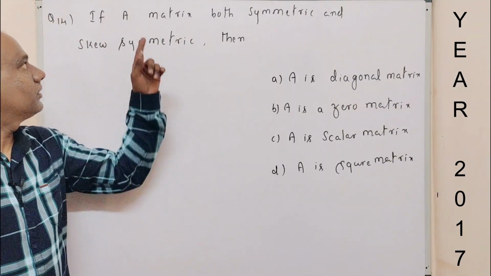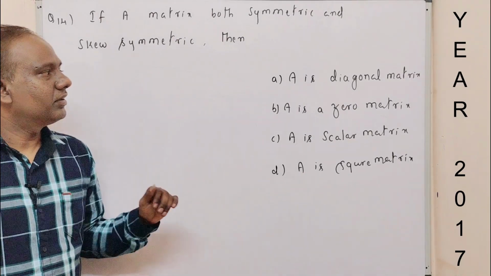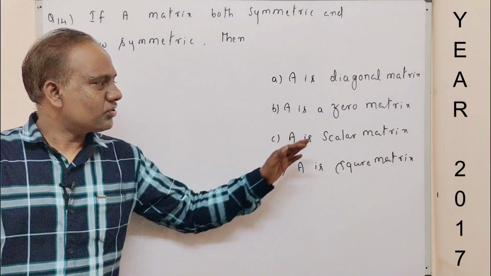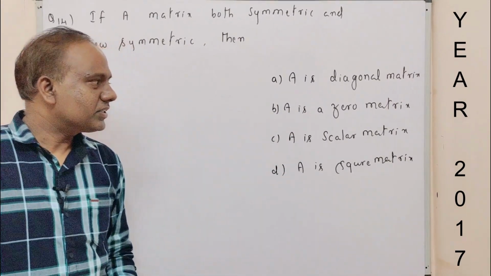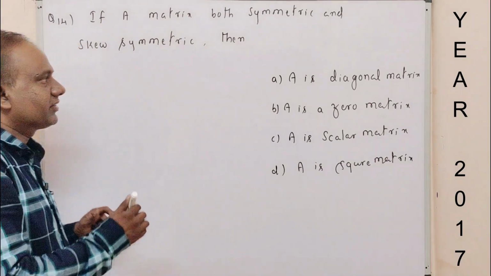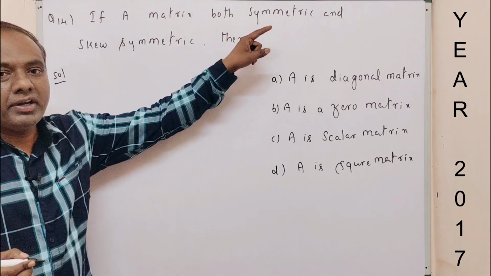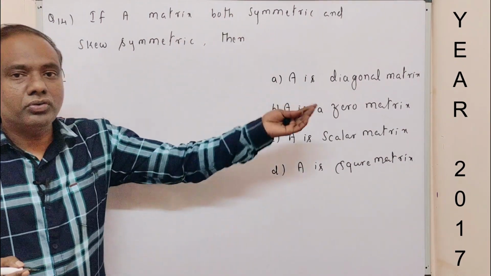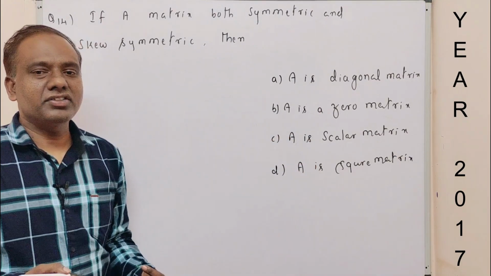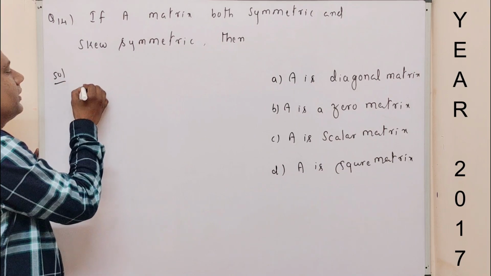The question is, if a matrix is both symmetric and skew symmetric, then A is what? Is it a diagonal matrix, zero matrix, scalar matrix, or square matrix? So first of all, A is symmetric and skew symmetric both. That means it satisfies the symmetric condition and the skew symmetric condition also.